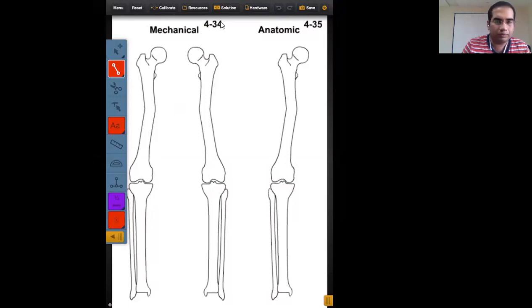And Dr. Pashtun is asking how much osteotomy we will do. Repeat your question. How much osteotomies will we do?